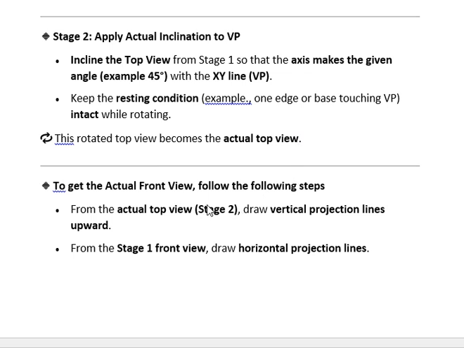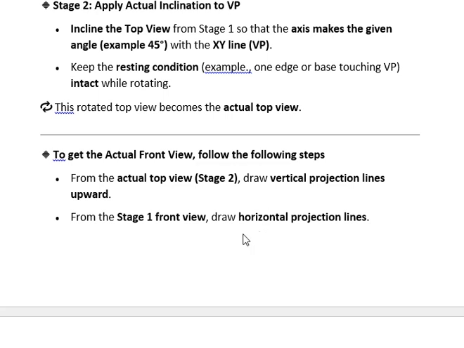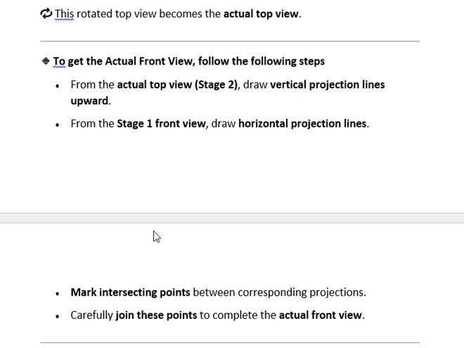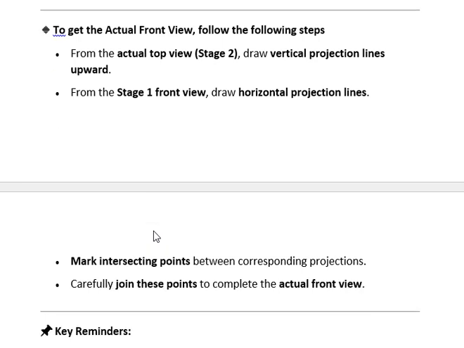Then to get the actual front view, what we have to do is, from the actual top view of stage 2, draw vertical projection lines upward. Then from the stage 1 front view, draw horizontal projection lines. Then mark the intersecting points. Where the vertical projection lines and horizontal projection lines intersect, those points we have to mark.